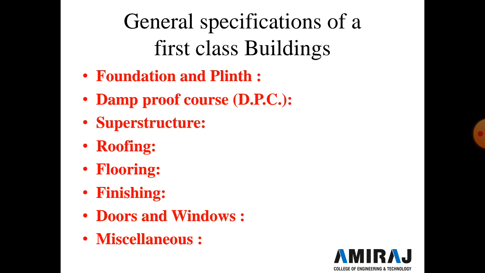Now the next specification for finishing work is that inside and outside finishing shall be 12 millimeter thick cement mortar plaster, and the inside of the drawing, dining and bedroom shall be distempered, and remaining portions whitewashed with 3 coats, and outside 2 coats of decorative waterproofing cement coating is compulsorily required.